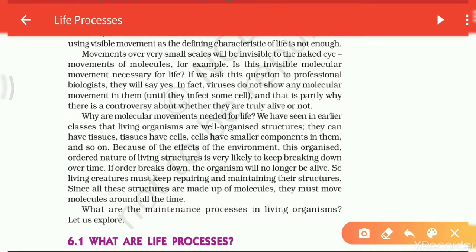We have seen in earlier classes that living organisms have well organized structures. Living organisms are made up of cells, and cells are made up of what, students?